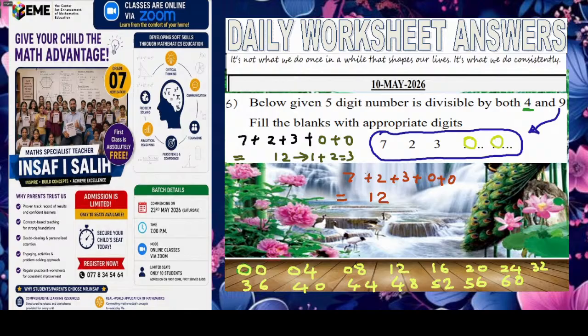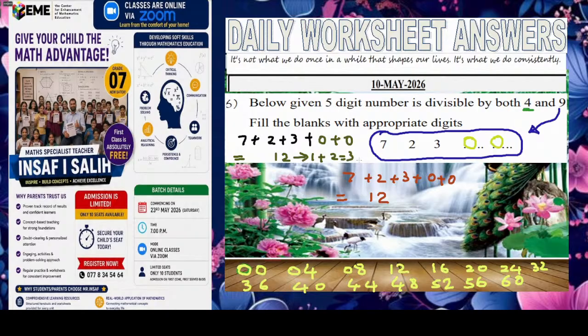Is 12 a multiple of 9? What are the multiples of 9? 9, 18, 27, 36, 45, the 9 times table. Is 12 a multiple of 9? No, it is not. Then definitely 72,300 is not divisible by 9.